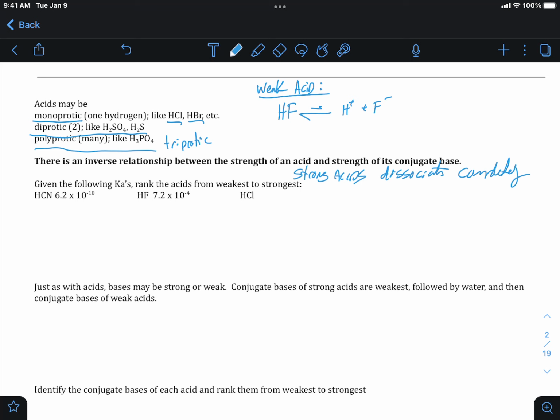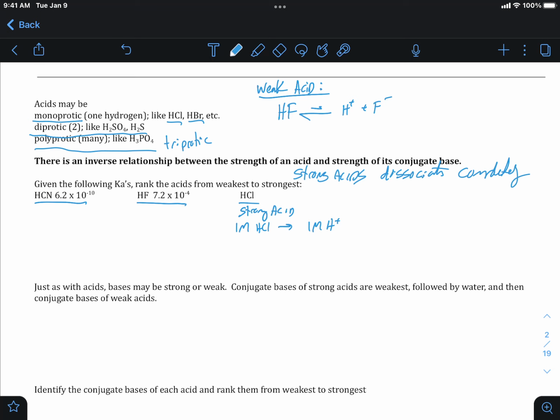So, if I compare a bunch of acids here, I've got HCN, HF, HCl. HCl we know is a strong acid. All right? And so that means if I have a 1 molar solution of HCl, I will have 1 molar of H+. Does that make sense? All of it dissociates.